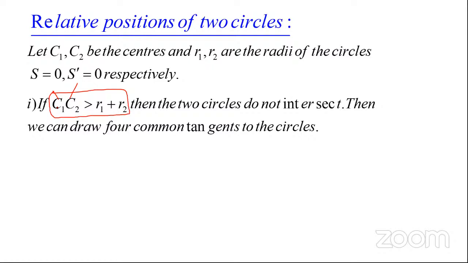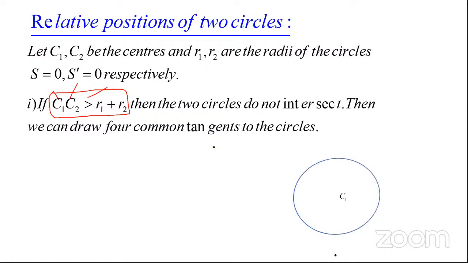R1 is the radius of circle 1 and R2 is the radius of circle 2. The distance between the two centers comes from the distance formula. So the two circles do not intersect, and when they do not intersect, we can draw four common tangents.